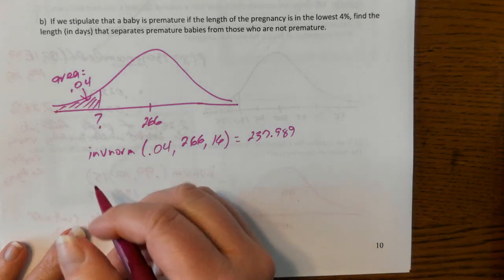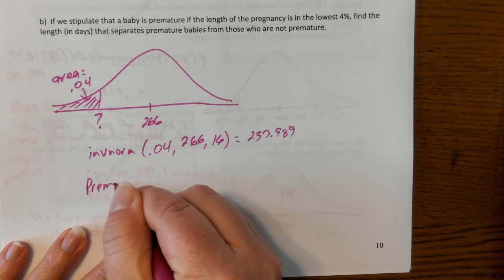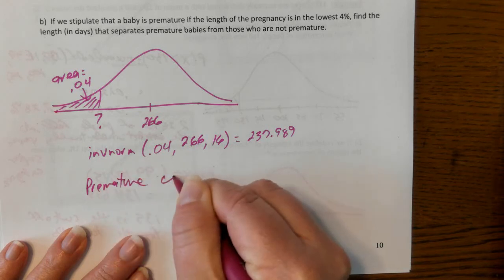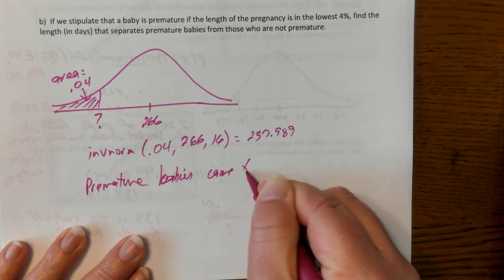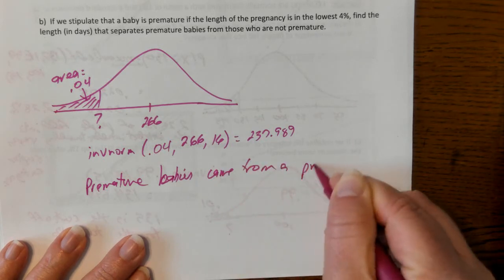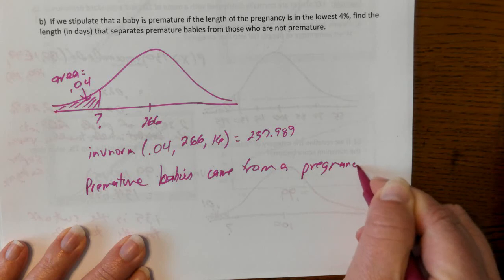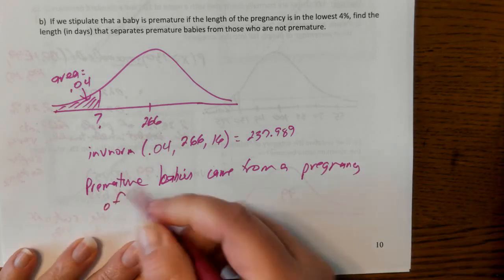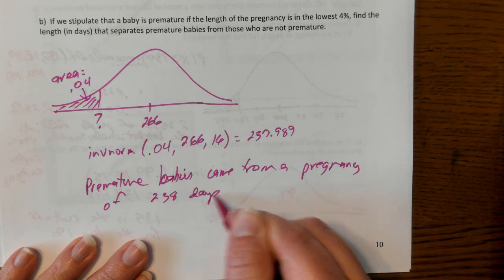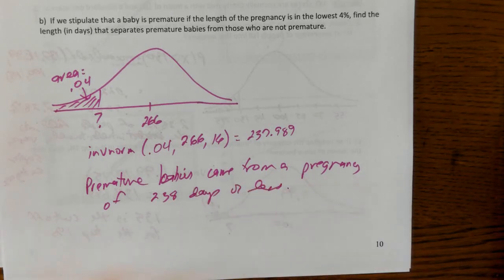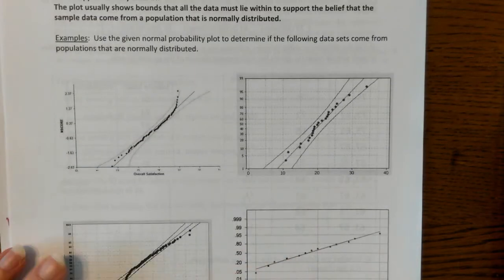So I would say that premature babies came from a pregnancy of 238 days or less. Okay? Or if they were over 238 days, it was not a premature baby. Okay? All right. Last little part for this here.